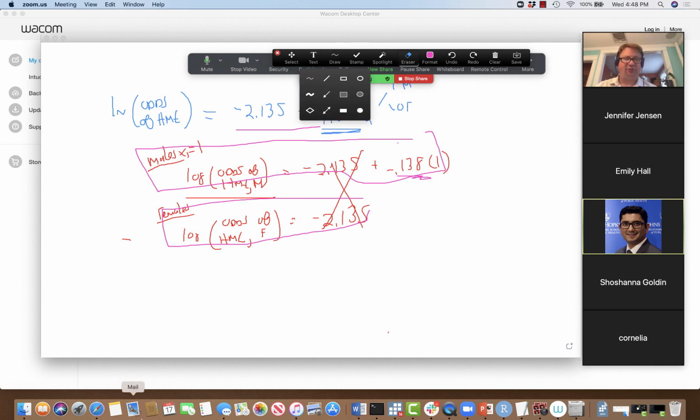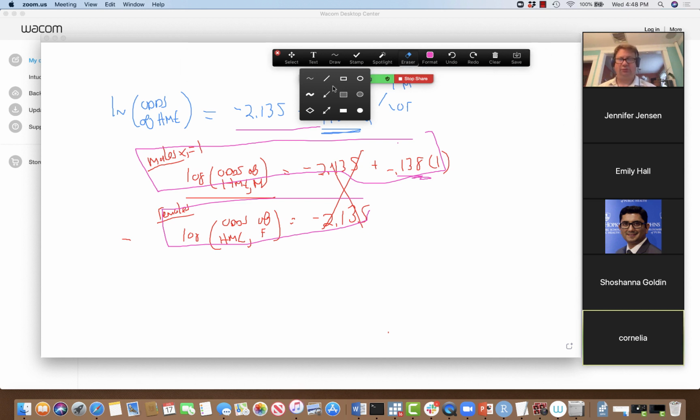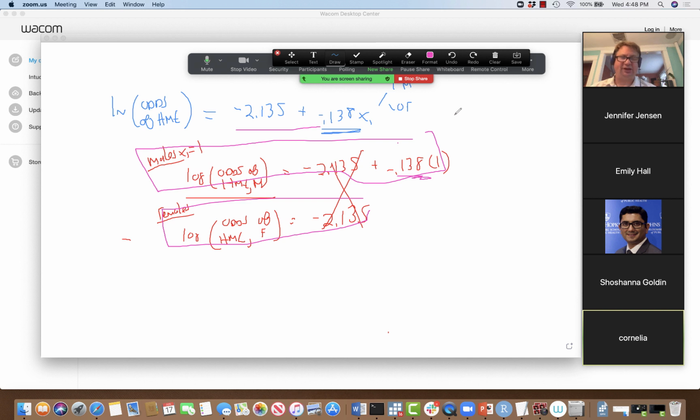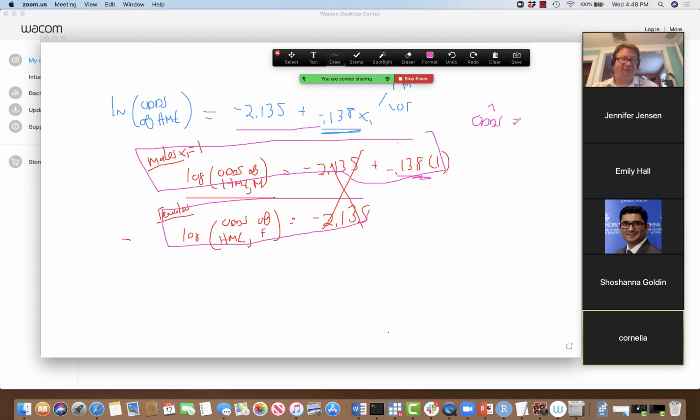It's equal to p over 1 minus p, right? So the estimated odds of being high expenditure for any group based on sex in this case is equal to the proportion of those in the group who have high expenditures divided by the proportion who do not.